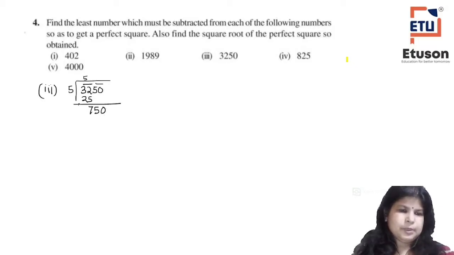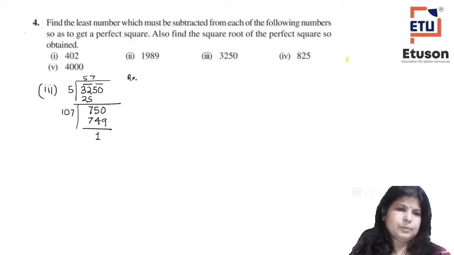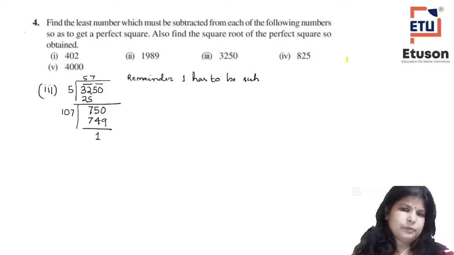You took 750 down. 5 into 2, 10. Then 107 into 7 is 749 and the remainder is 1. So remainder has to be subtracted. So remainder 1 has to be subtracted to get the perfect square.